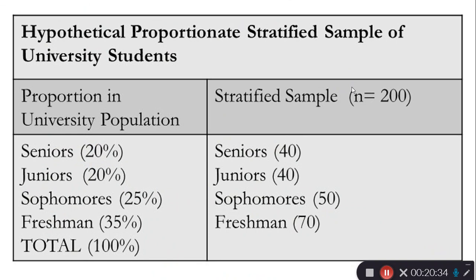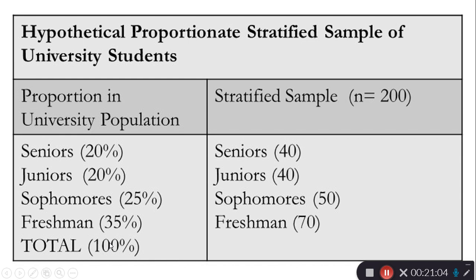So for example, keeping with our example of BSW students in the Garland School, hypothetically this is their proportion within the larger population. If seniors represented 20%, juniors 20%, sophomores 25%, and freshmen 35%, this makes up a total of 100% of the population.